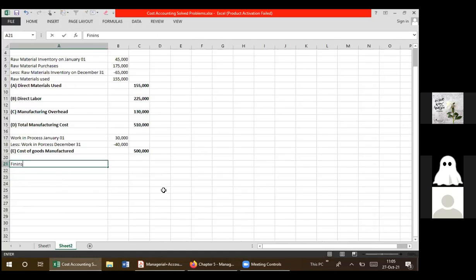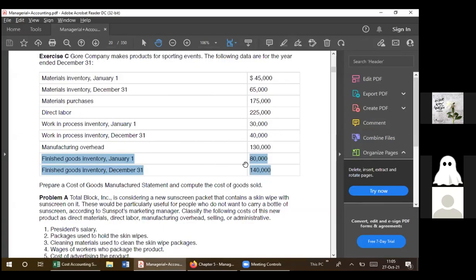Finished goods on January 1st is 80,000.